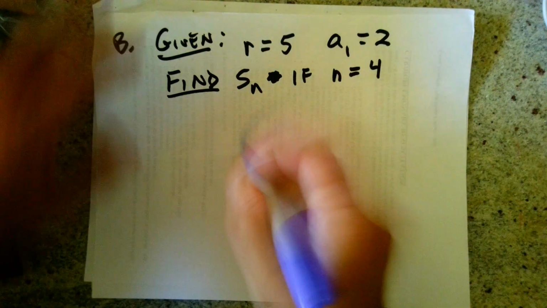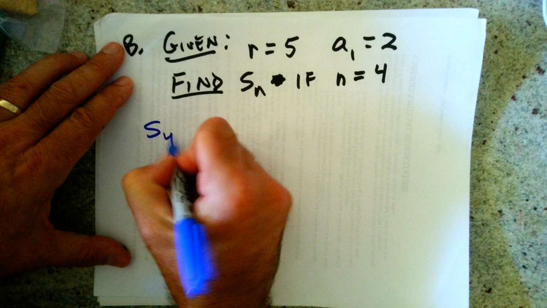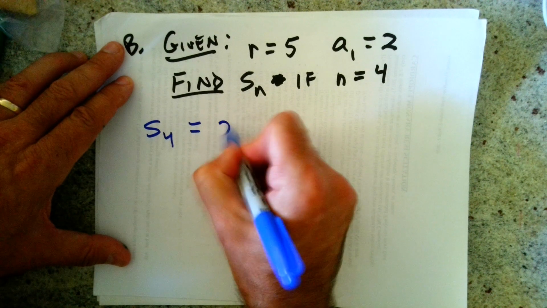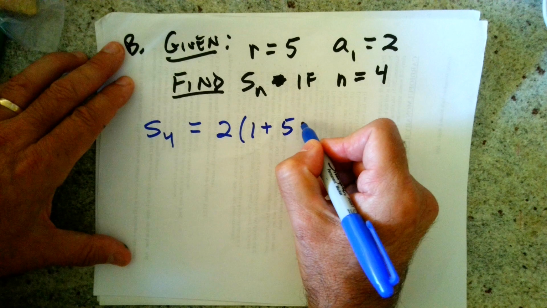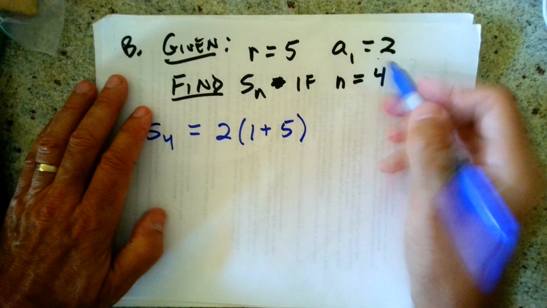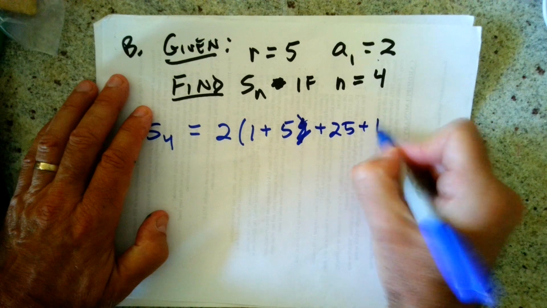All right, let's try another one. Pause the video, try it on your own. I'm going to go faster this time. Wow, that was fast. Oops, I know I made a mistake, sorry. Plus 25 plus 125.